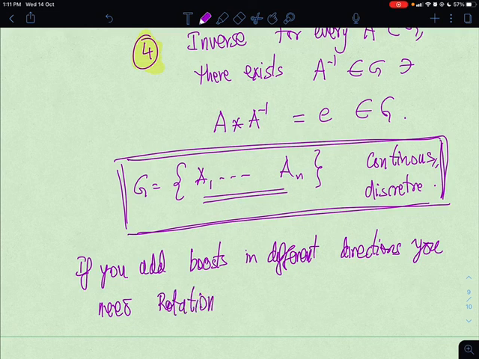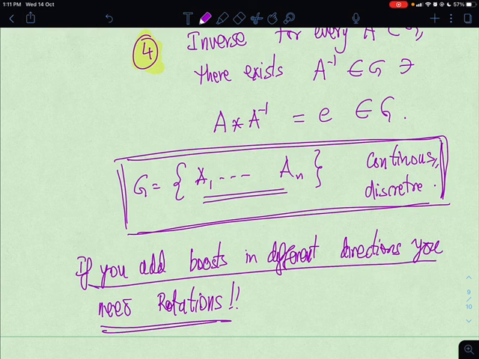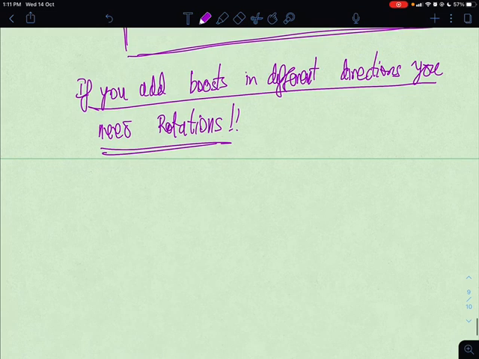So if you want to add boosts in different directions, you would need rotations. You know what rotations are. You will just need rotations in space directions.